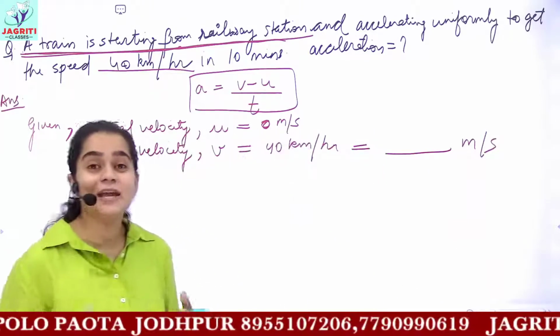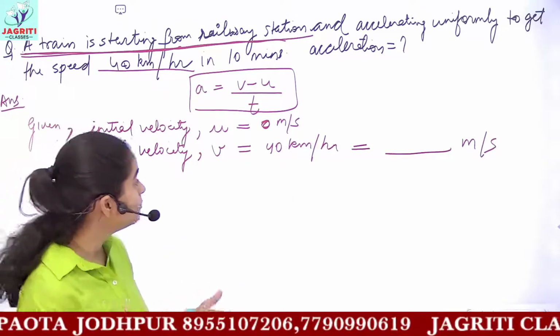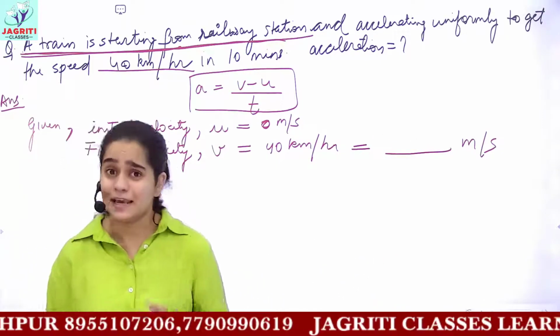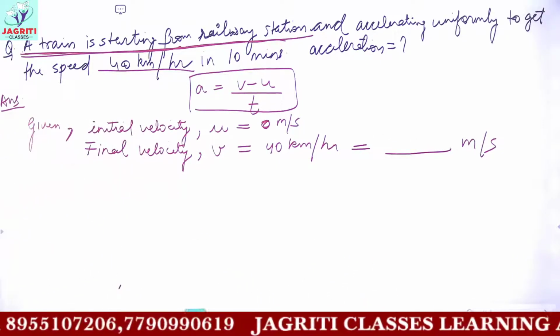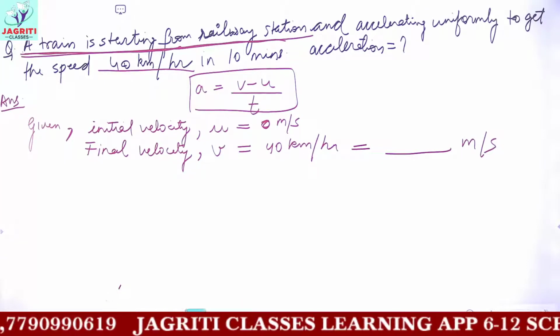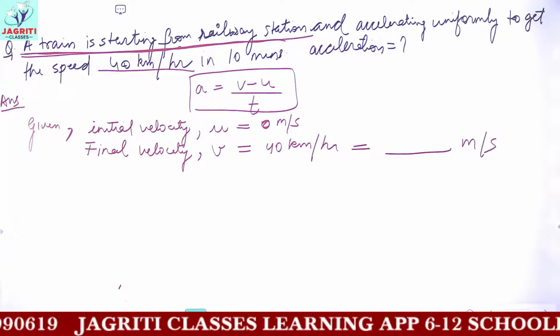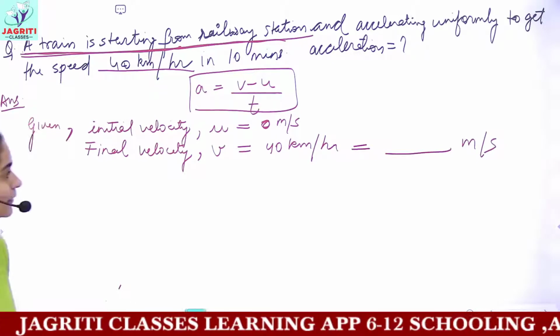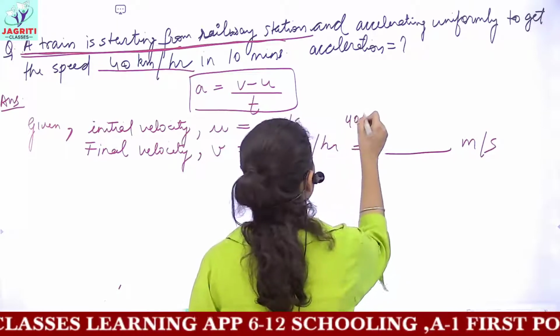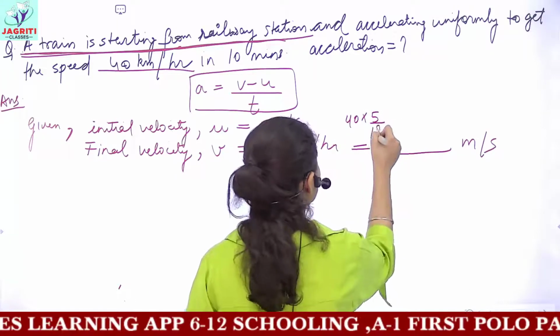And how to make this conversion? How to convert 40 kilometers per hour into meter per second? You can try and answer how we would get 40 kilometers per hour into meter per second, which is our SI unit. We know that for this conversion, we'll multiply 40 by 5 upon 18.